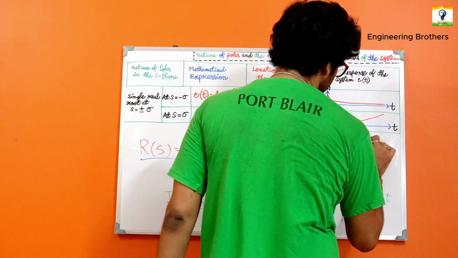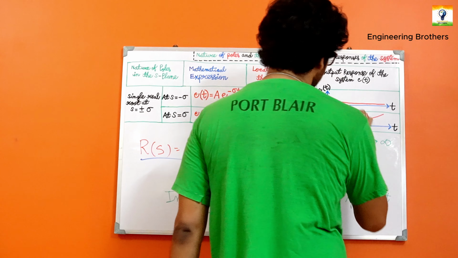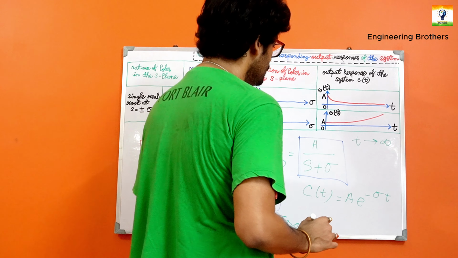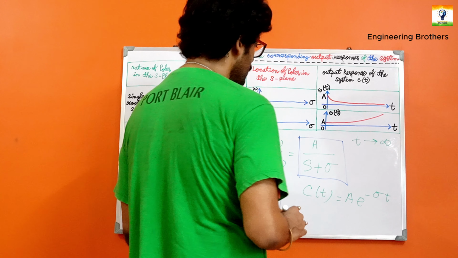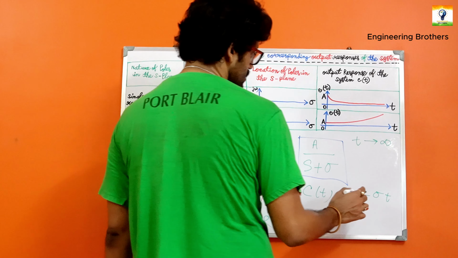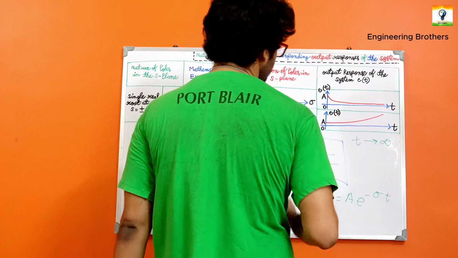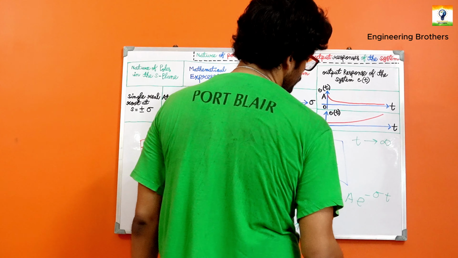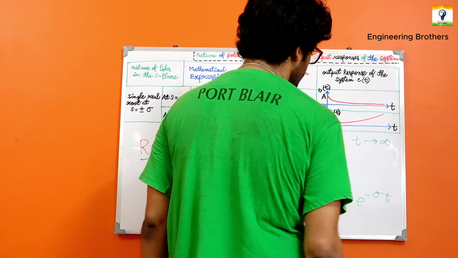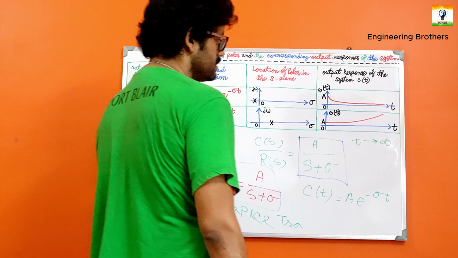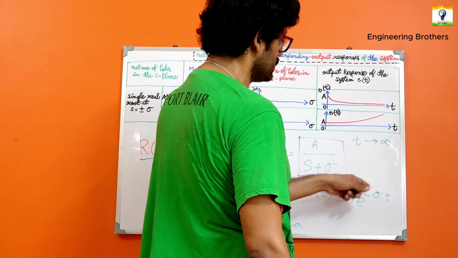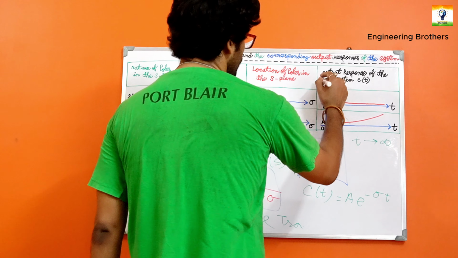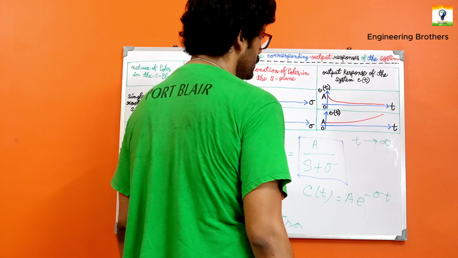If we increase the time towards infinity, it starts from A, because e to the power 0 gives us A. That is why the waveform starts from point A, and as we increase the time factor, giving e to the power minus 2 sigma, minus 3 sigma and so on, the curve goes towards 0.